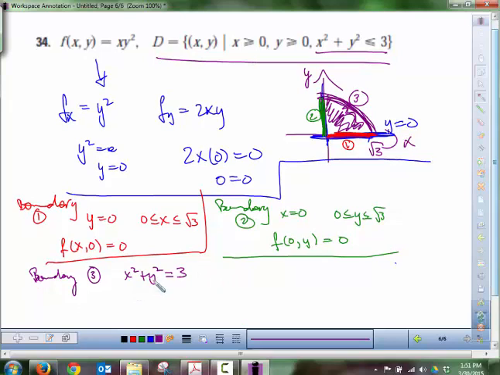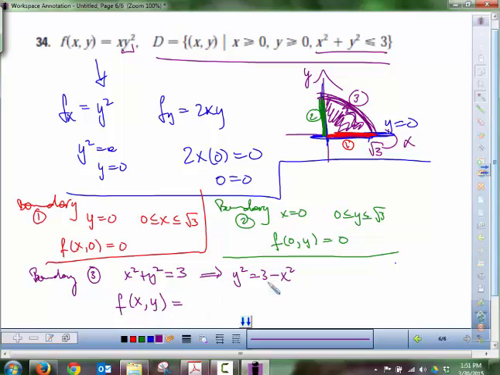So we can solve for one of them. It looks like there's a y squared here, so maybe if I solve for y squared, I don't have to take the square root of this. So I have f of x and y.